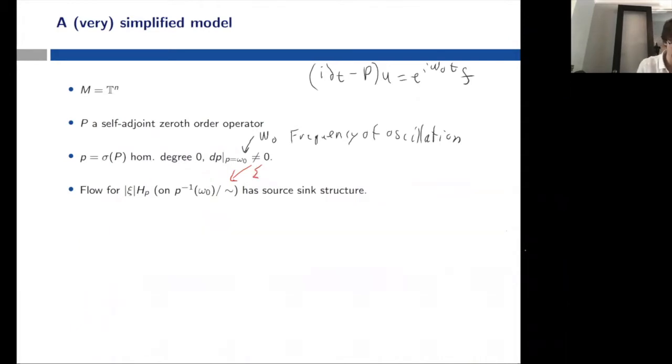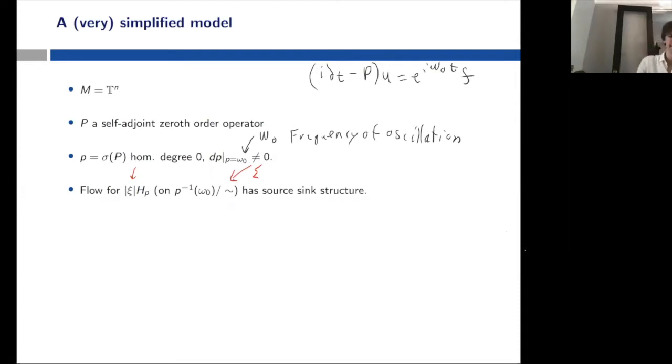And this scaling here is so that at fiber infinity, you have a non-trivial vector field, right? Remember that P is zeroth order, so HP is minus first order. So if you want something that extends nicely to infinity, then you should multiply by the absolute value of psi, right?